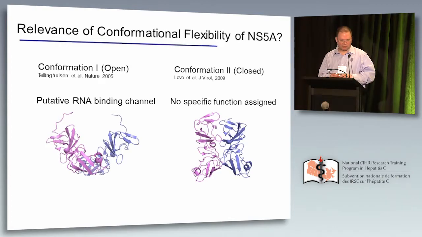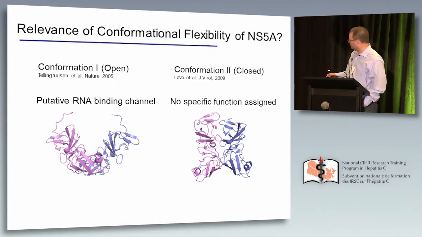Now, for the last couple of minutes, I will talk about NS5A. And as Volker pointed out, there are two different dimer structures that are published. Let's refer to this structure here as an open structure, or clam-like structure. And let's refer to this structure here as a closed structure.